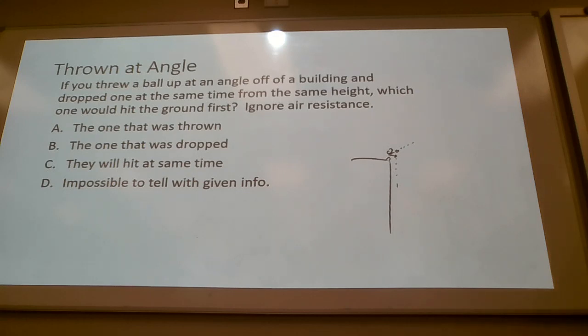Because the other one goes up and at some point it's going to hit zero velocity on that line, while the other one's already.